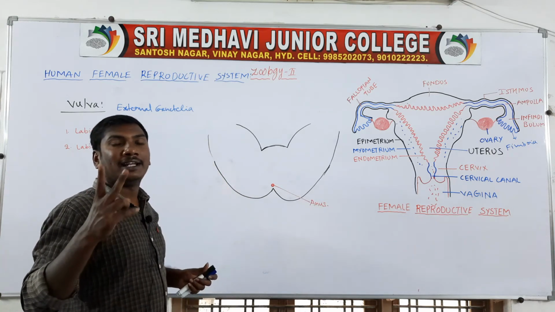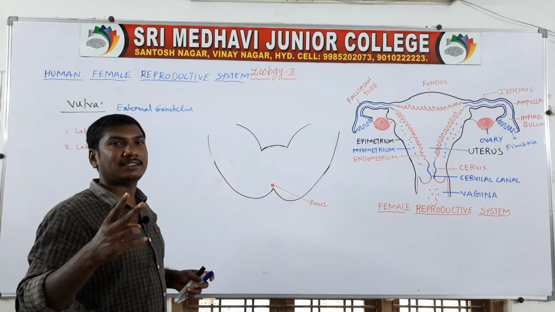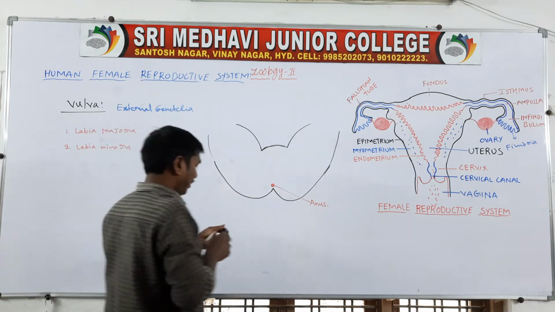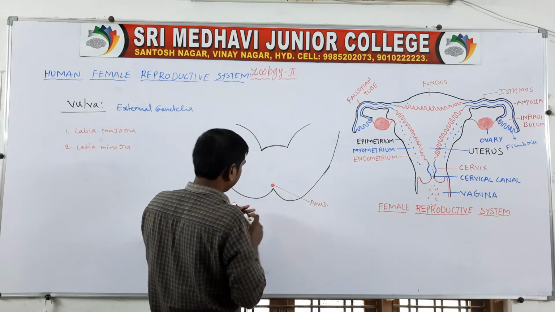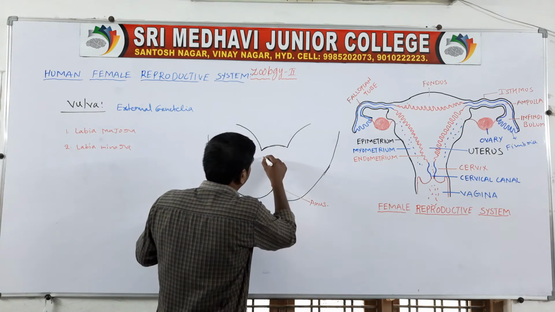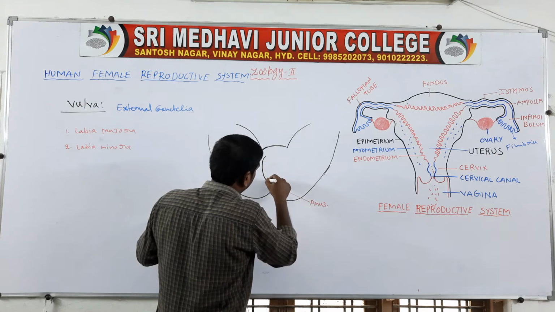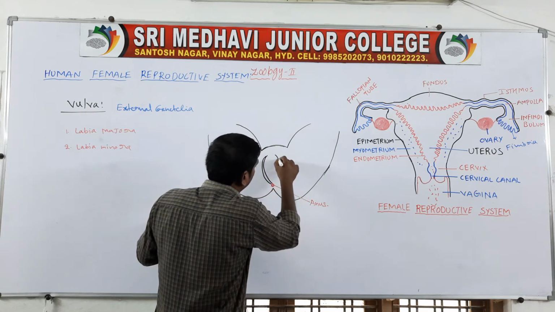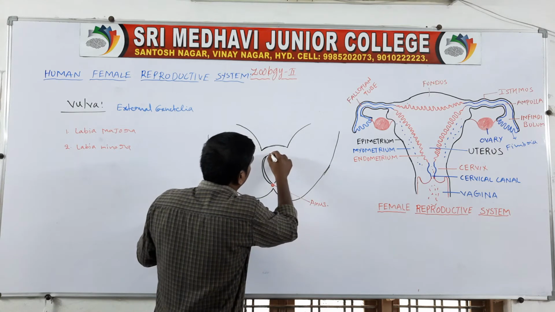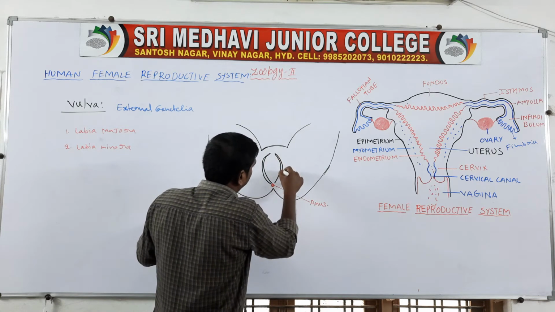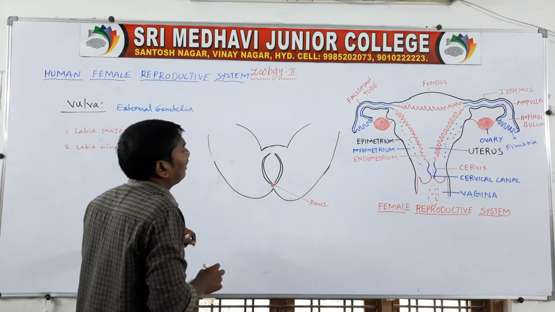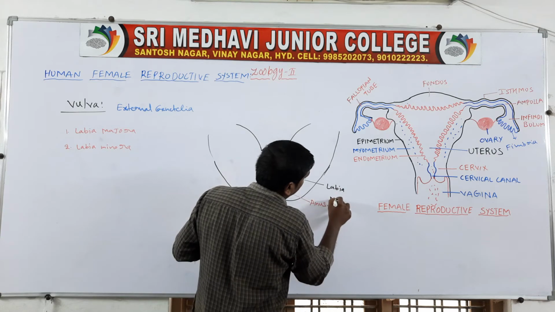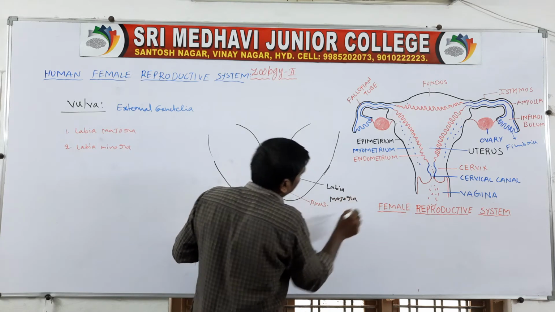Two pairs of folded membranes are present, the labia majora and labia minora. The upper lip-like structure is called labia majora.